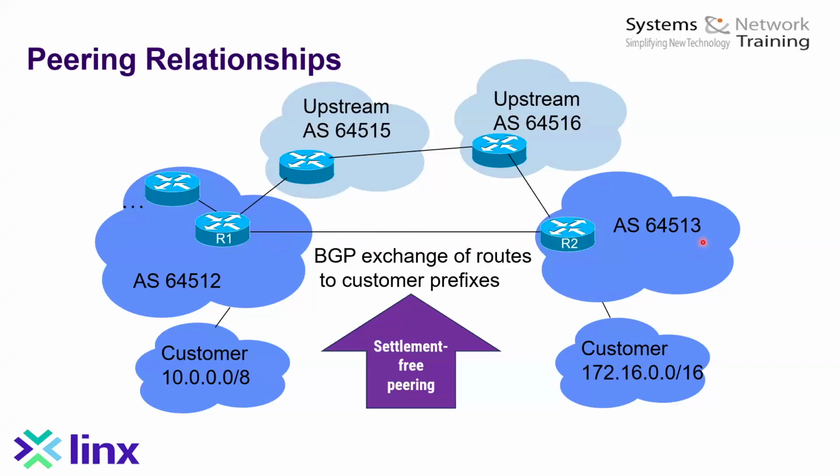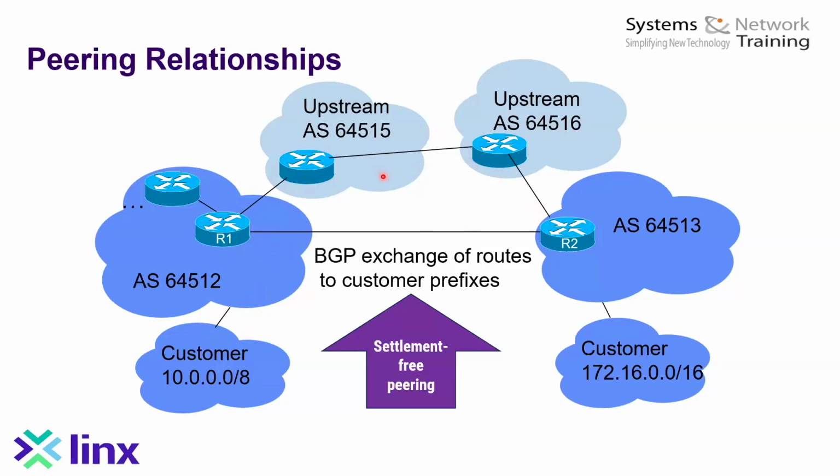In other words, 64513 is not charging 64512 to get access to its customers, and 64512 is not charging 64513 to get access to its customers. The purpose of this peering is effectively to redirect, if you like, customer traffic over this link to prevent it from going up to the upstream provider.